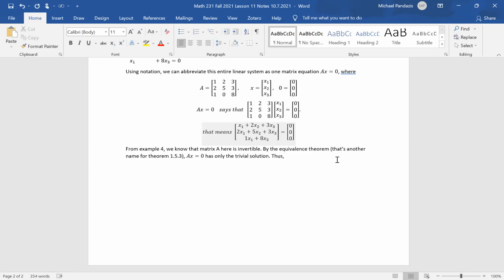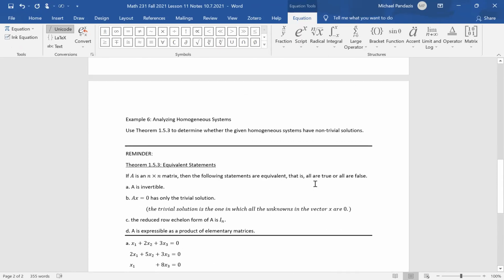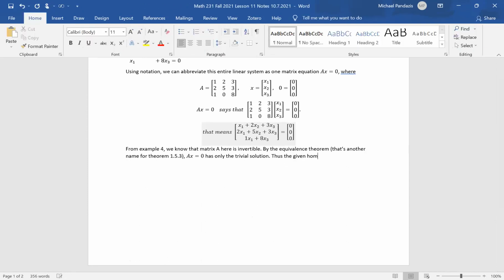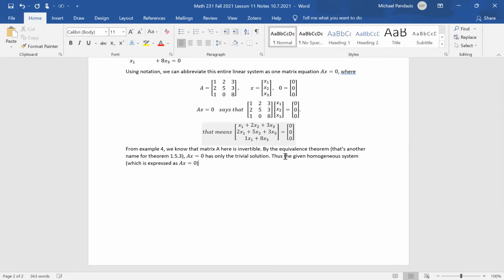So thus the given homogeneous system, which is expressed as Ax equals 0, where Ax equals 0 is another way to describe what the system is, does not have non-trivial solutions.